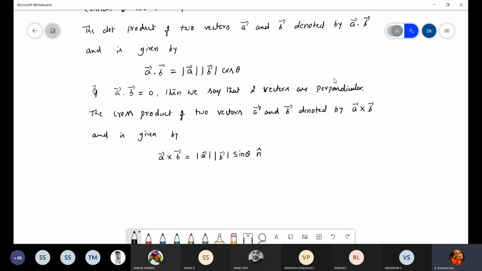So one extra term will come compared to the dot product, that is n cap. And instead of cos theta in dot product, here it is sine theta.